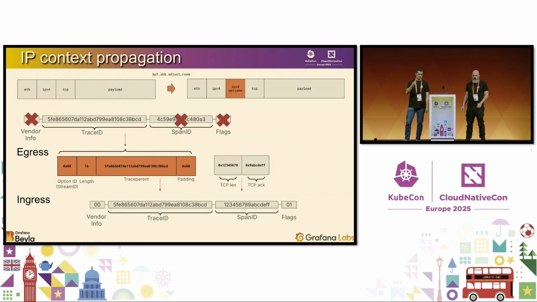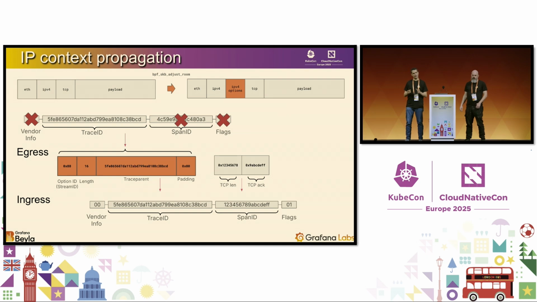And then this is in the egress, when the request goes out. But then in the ingress, we reconstruct the trace ID, but since we cannot inherit the span ID, we relate it with a given request using the span ID as the TCP len and TCP ACK, which we expect to be unique.